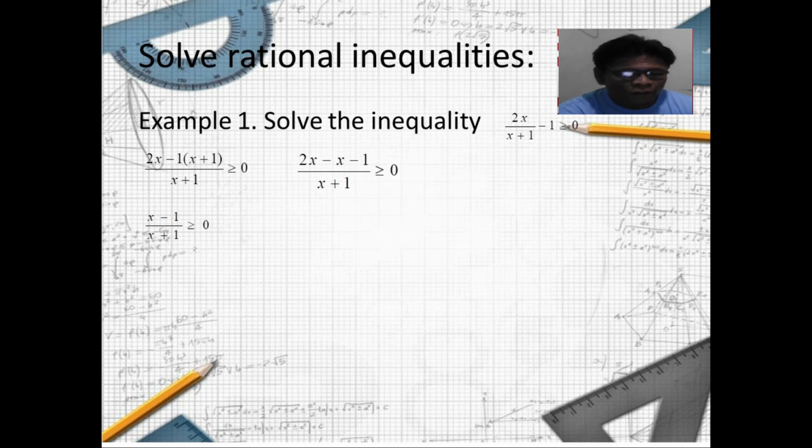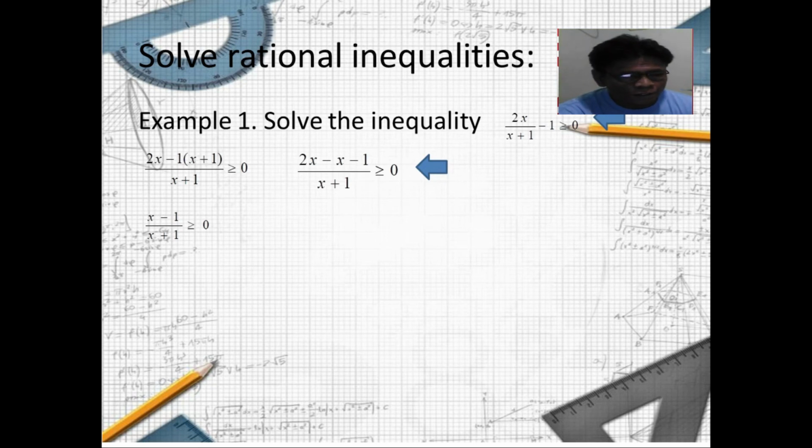Okay, so 2x over x plus 1 minus 1, we write into single form. So we multiply x plus 1 to negative 1, and that is the result: 2x minus 1 times x plus 1 over x plus 1 greater than or equal to 0.